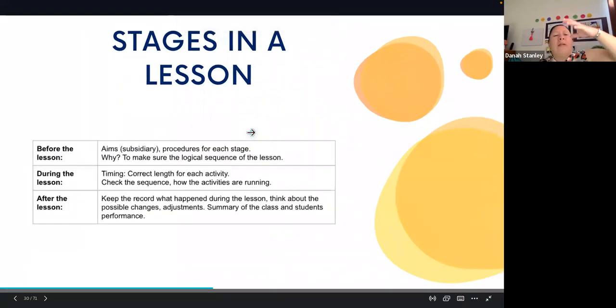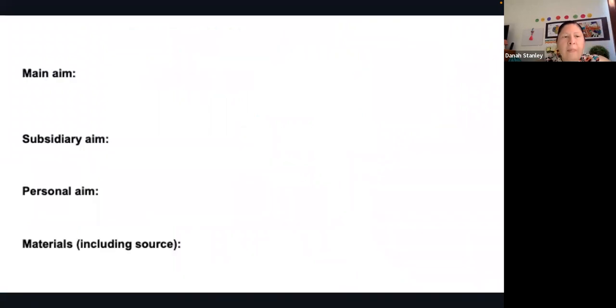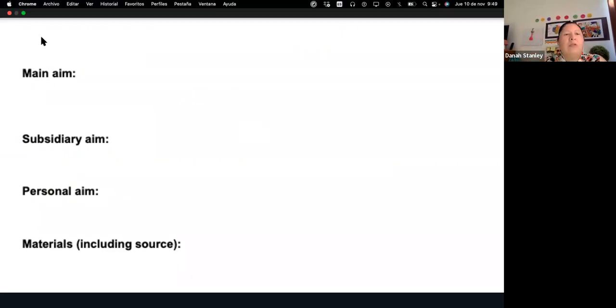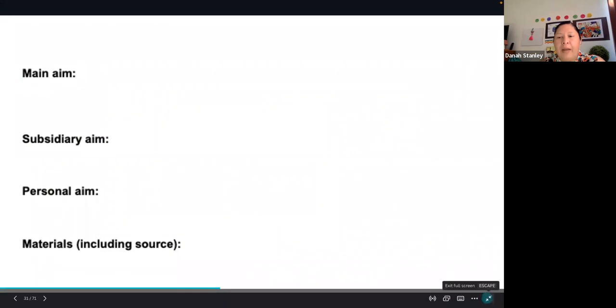What is going to happen before the lesson, during the lesson, and after the lesson. Okay? So, I can make it as a list. This is a format. So, always the main aim. Remember the characteristics of the main aim.